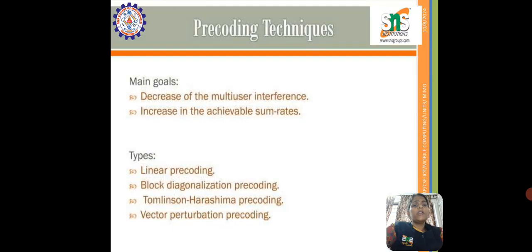Next is the precoding technique. In precoding techniques, the main goal is to decrease the multi-user interference and increase the achievable sum rates. The types are linear precoding, block diagonalization precoding, Tomlinson-Harashima precoding, and vector perturbation precoding.